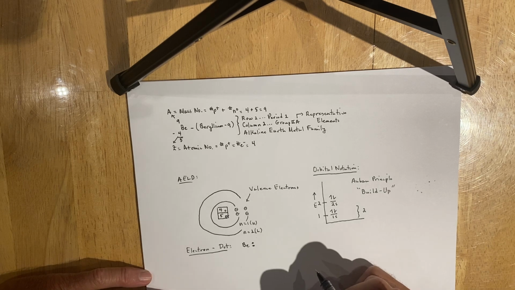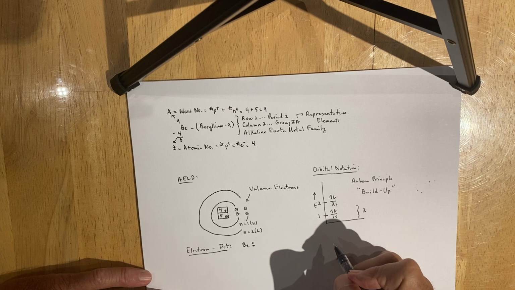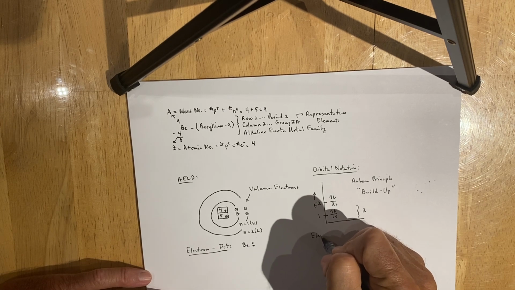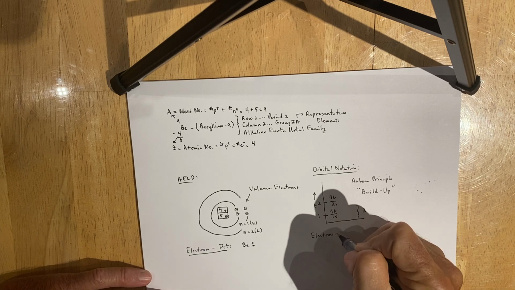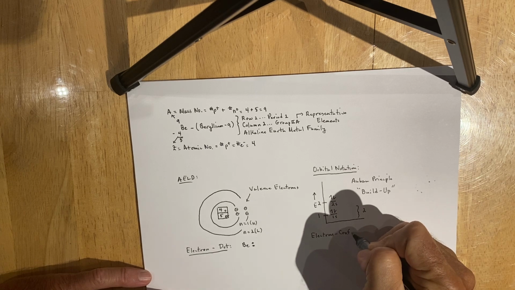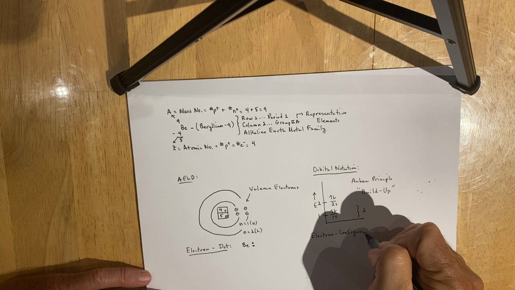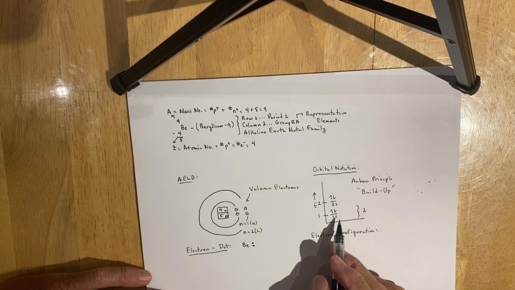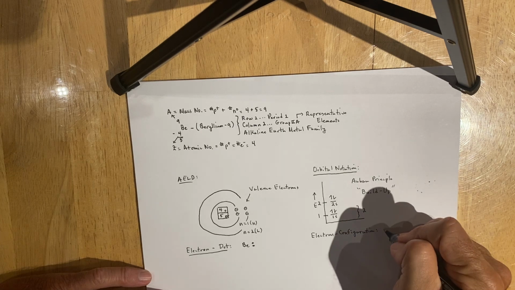That being said, to represent the valence electrons and to write their address, we would write what's called the electron configuration, which in this case, we have two electrons in an s sublevel on the first energy level.